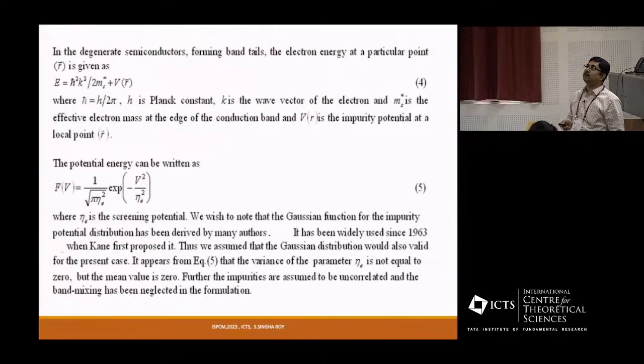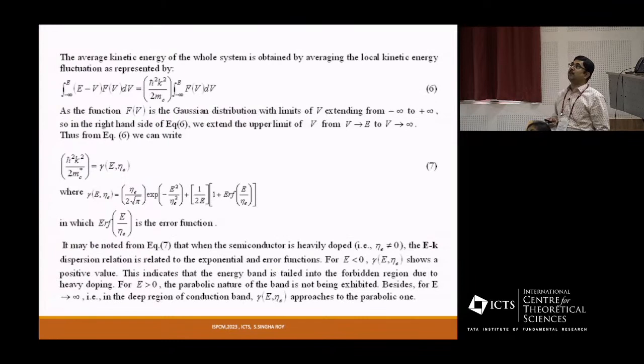Eta is not equal to 0. If eta is not equal to 0, it must be a non-parabolic band semiconductor, with energy like E minus EV. This function of energy is in gamma, the energy in the screening potential function.